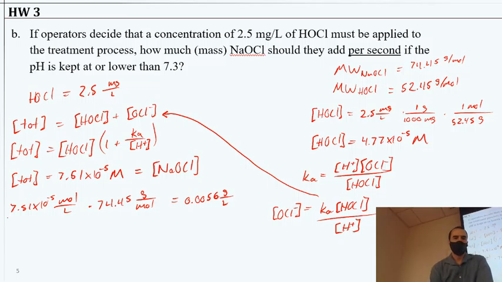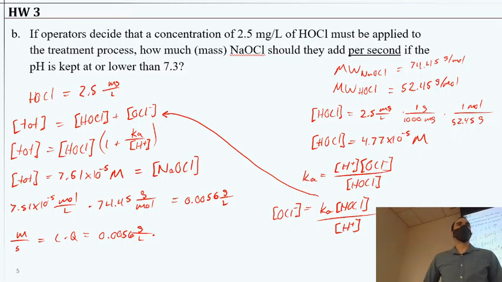And then at the end of the day, what we're looking for is mass per second, and that's going to be this concentration we just found times Q. So that'll be 0.0056 grams per liter multiplied by, if we flip back a page, that was 2,500 liters per minute.